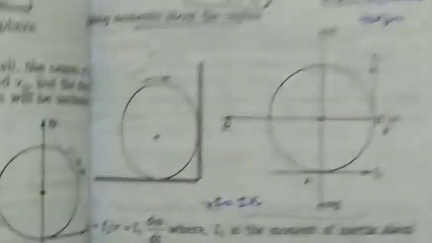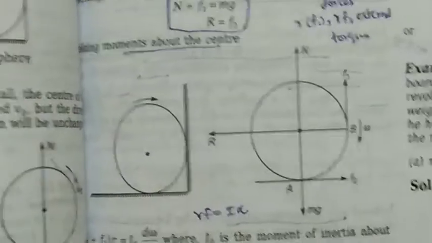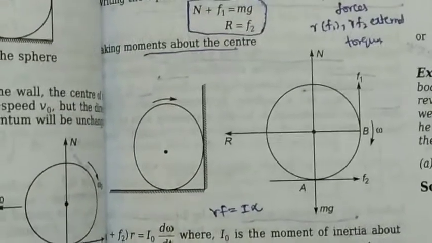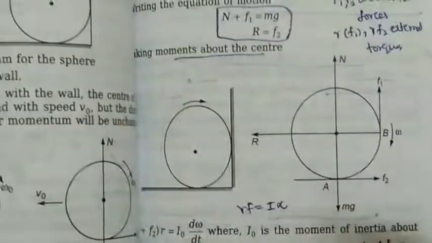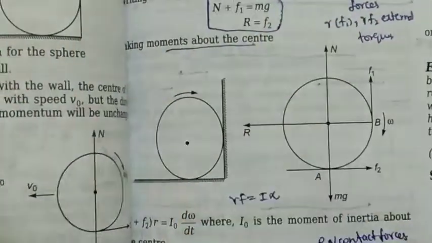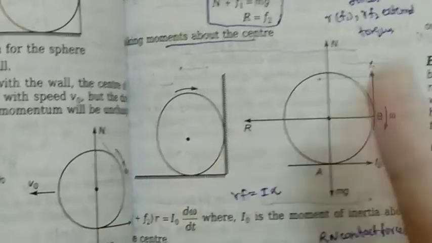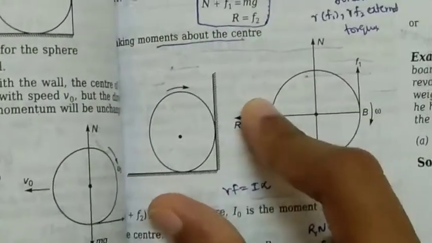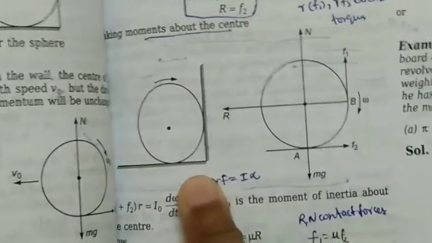What we need to find out is after how many turns the cylinder stops. We have taken a spinning cylinder rotating with some angular velocity omega naught, and suddenly we have placed it in this right angle corner.